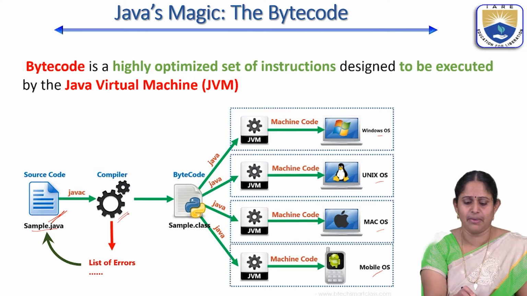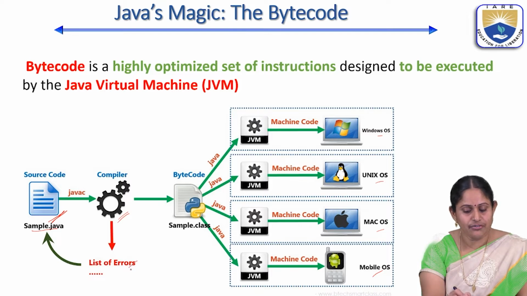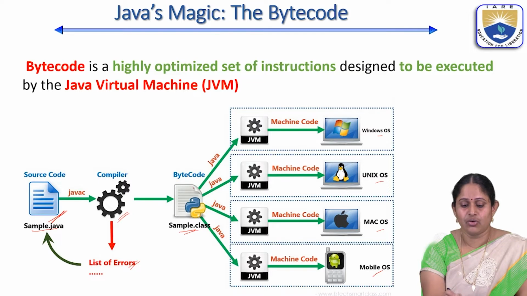We have the Java compiler. The Java compiler will compile the Java program and check for errors. We will correct the errors, and then it will again check and convert it into an intermediate code called bytecode, which is with the dot class extension.